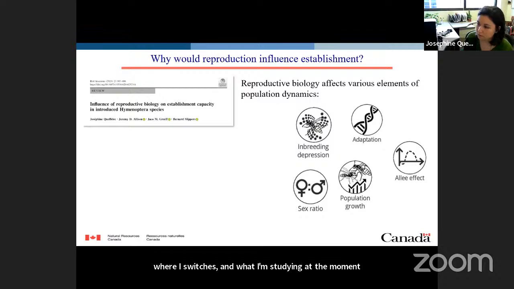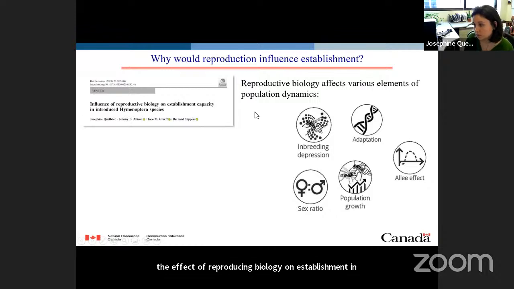So again, from invasion biology, or from other fields rather, we know that reproductive biology affects various elements of population dynamics. So this can be adaptation, inbreeding depression, sex ratio, population growth, Allee effects. So we published a paper in 2021 that gathers evidence of the effect of reproductive biology on establishment in Hymenoptera species.